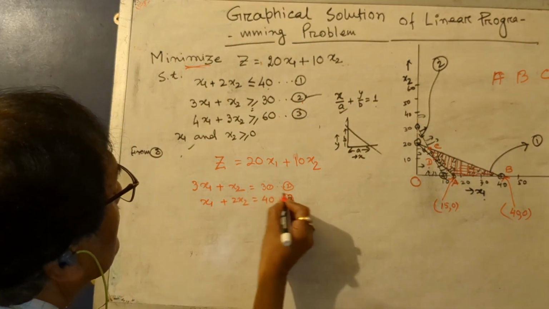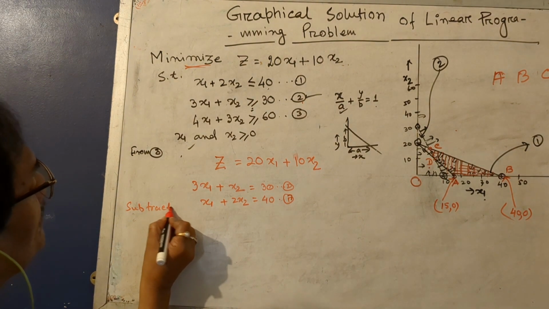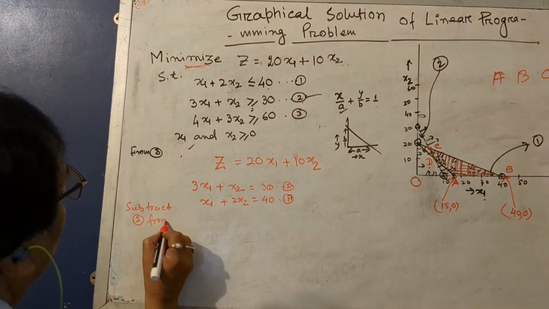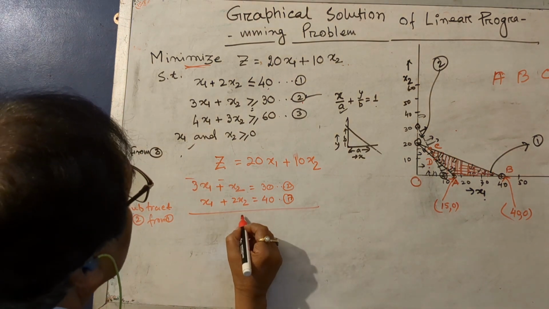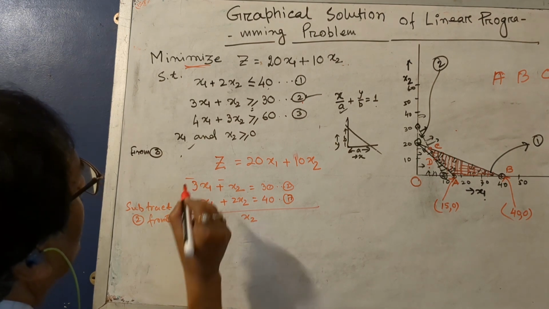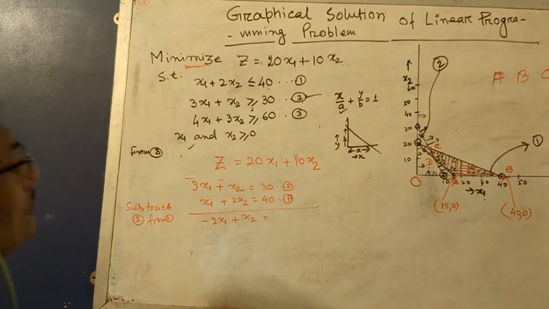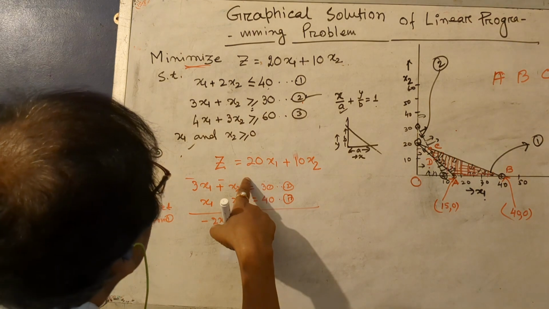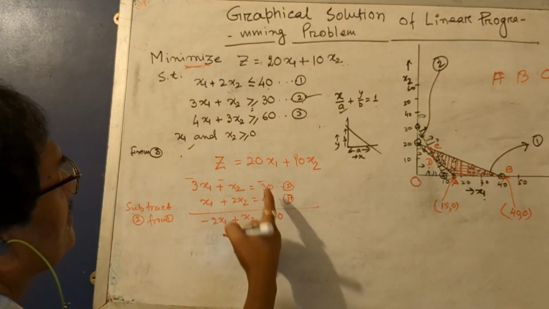Now, how will we get it? Simply subtract. This is the algebraic process. Subtract 2 from 1. Then what will you get? Subtracting gives minus 2x1 plus x2 is equal to 10, since 40 minus 30 is 10.